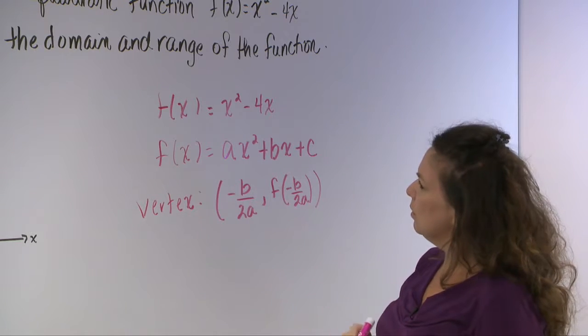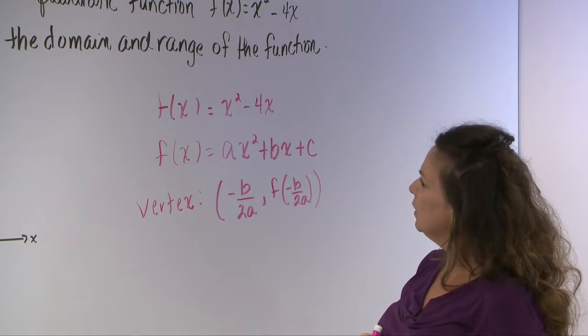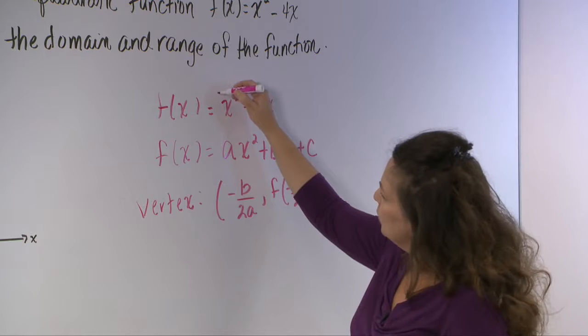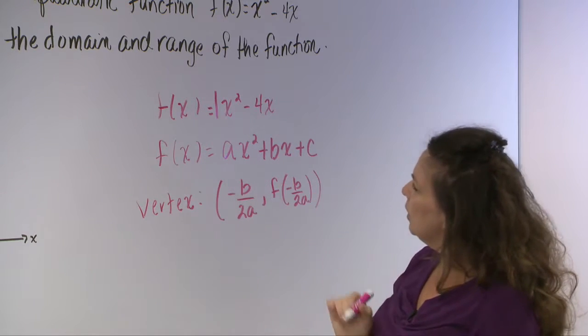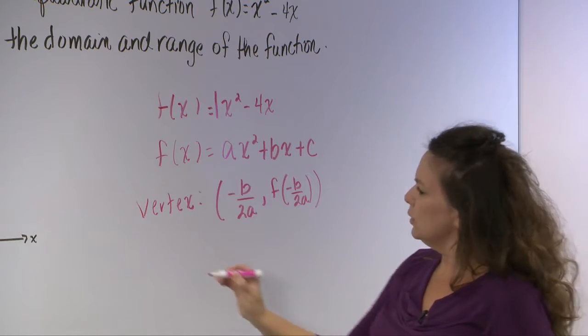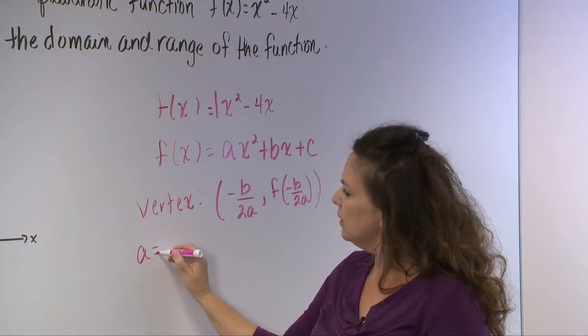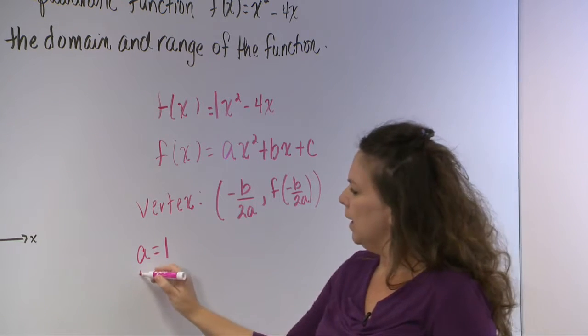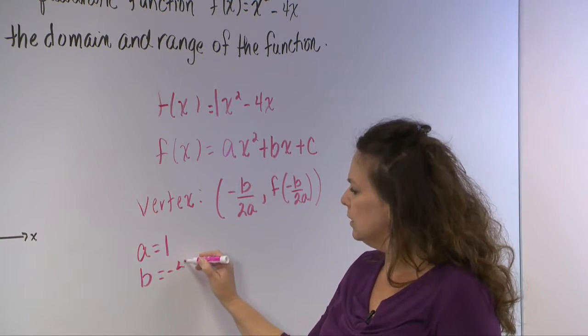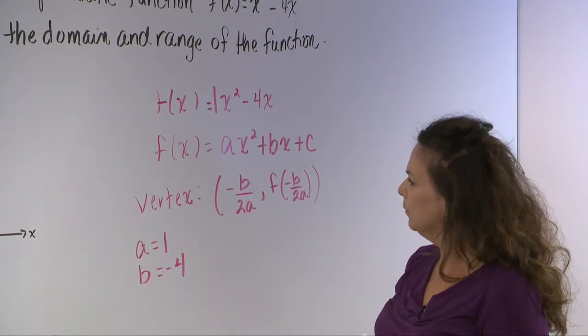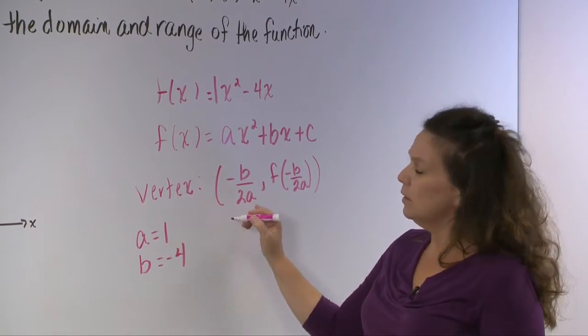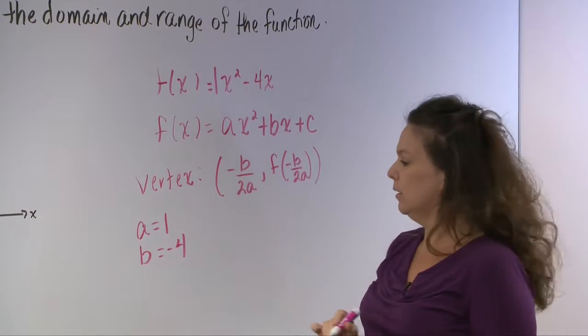So to begin, to start finding the vertex of this function, this is a 1 here, an understood 1. So we have that a is equal to 1 and b is equal to negative 4. So I'd like to find the first coordinate of the vertex.